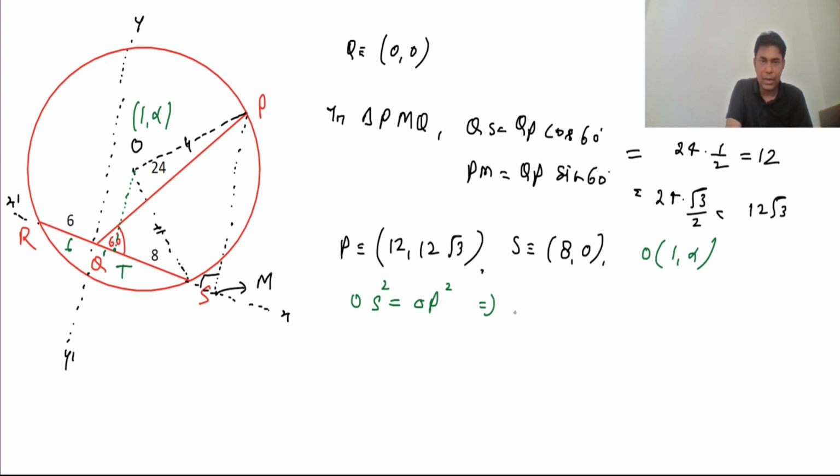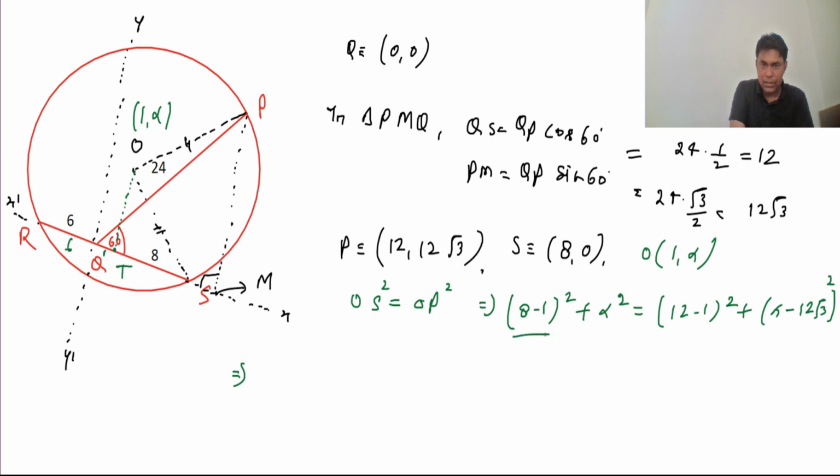OS square is (8 minus 1) raised to 2 plus alpha raised to 2, and OP square is (12 minus 1) raised to 2 plus (alpha minus 12 square root of 3) raised to 2. So this is the square of 7, that will become 49, plus alpha square, and on the right hand side this is 11 square, that will be 121.